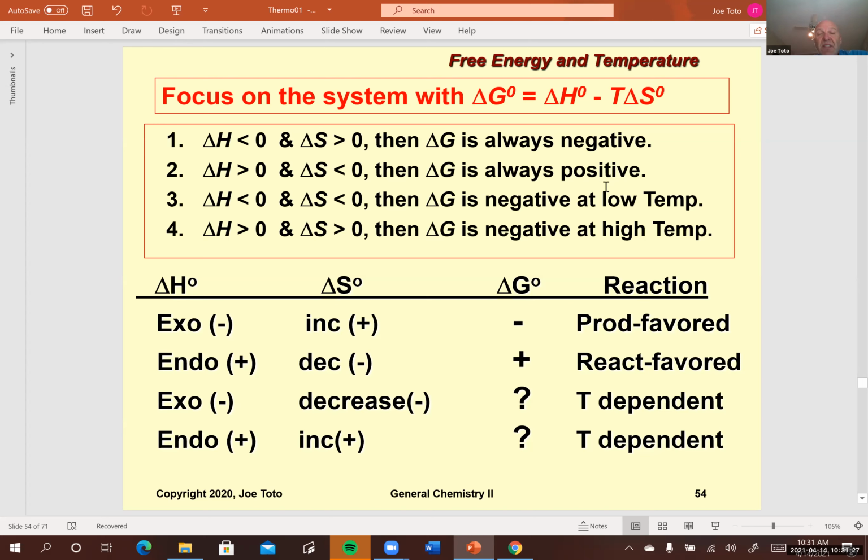I know that for the Gibbs-Helmholtz equation, the sign of delta G should be negative for a spontaneous process, right? And if it's positive, then I know that the opposite reaction is spontaneous. So that begs the question, what goes into making the sign of delta G?